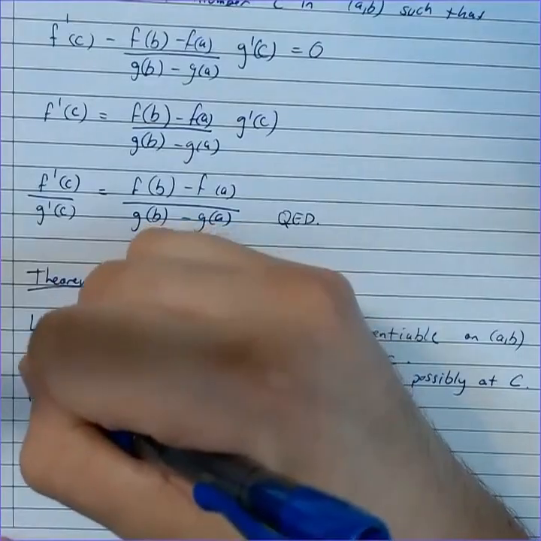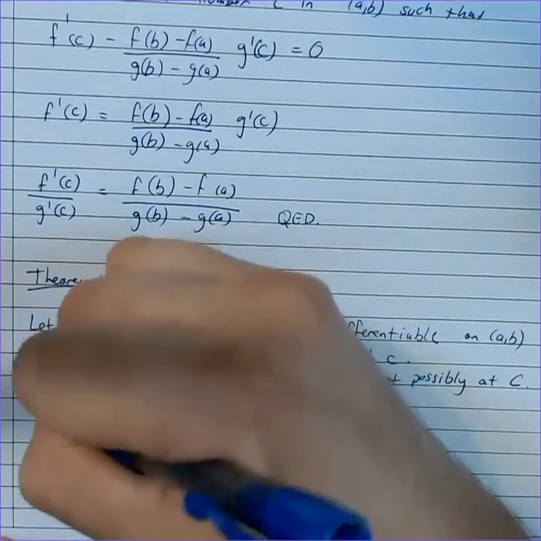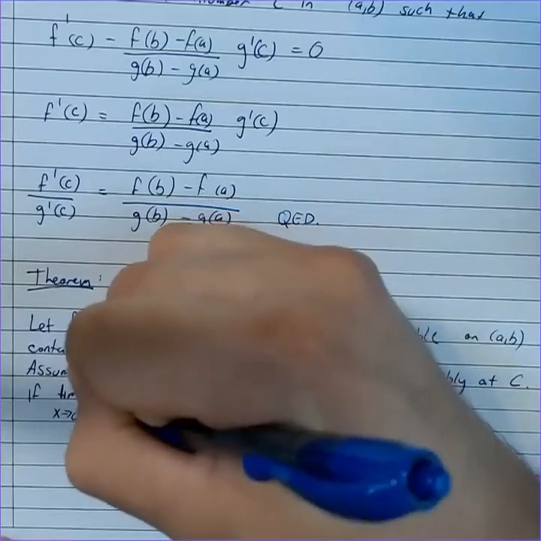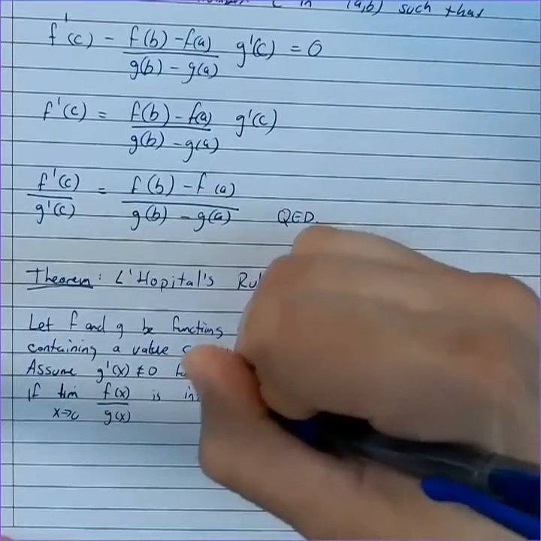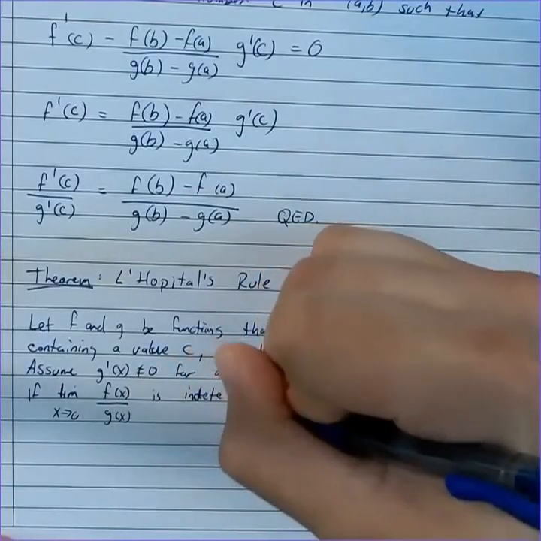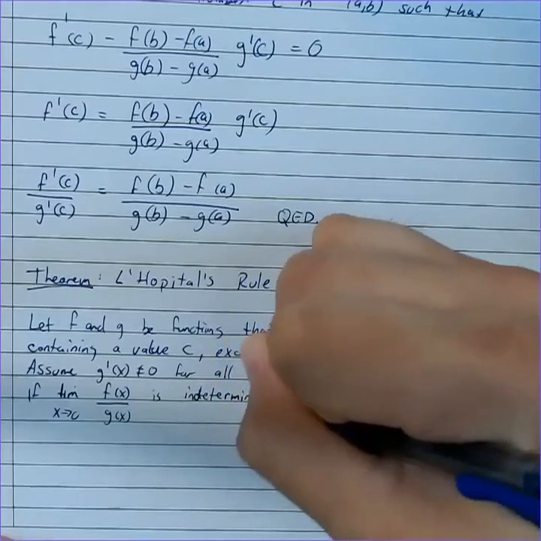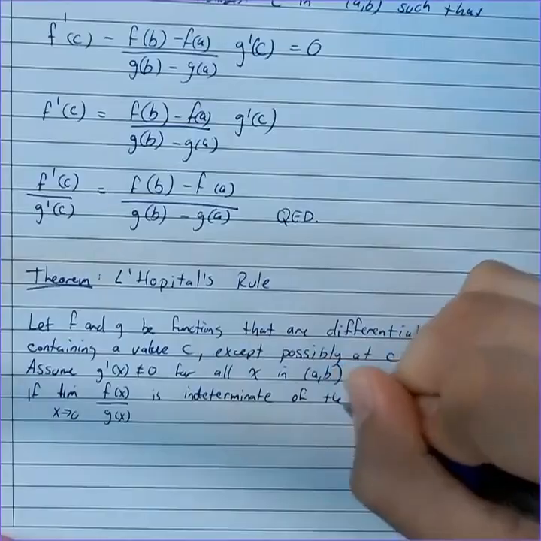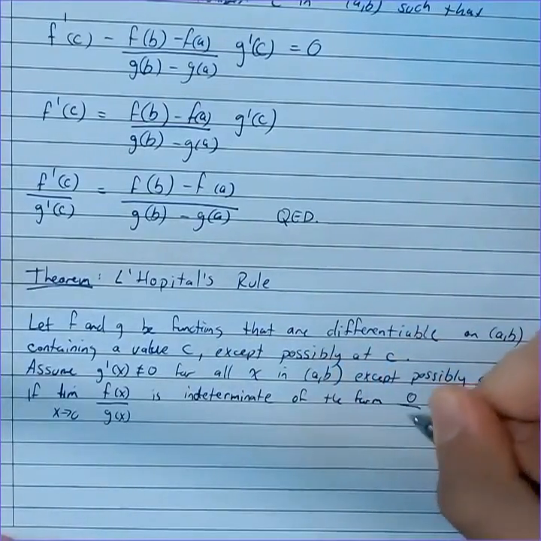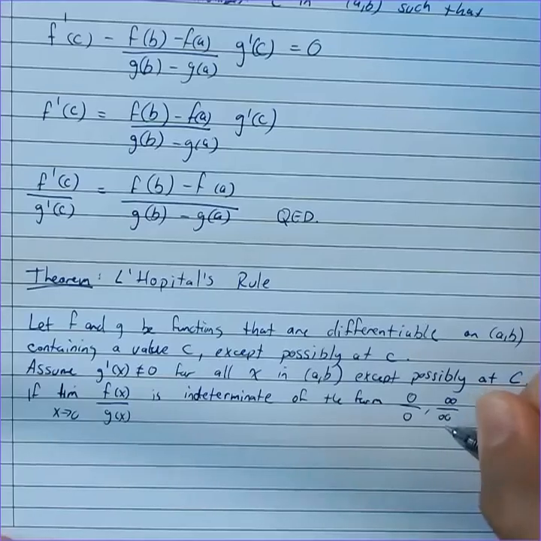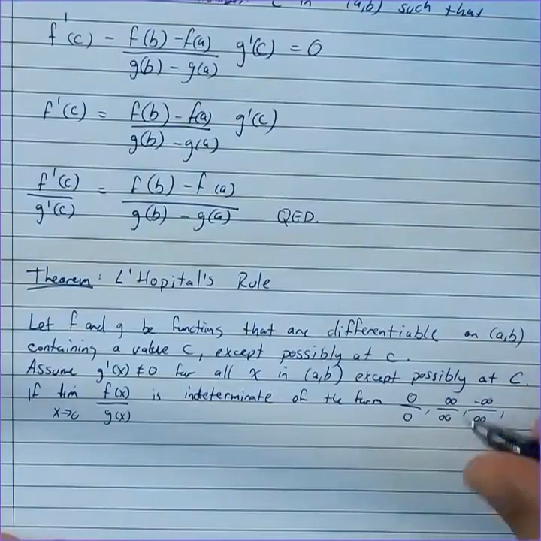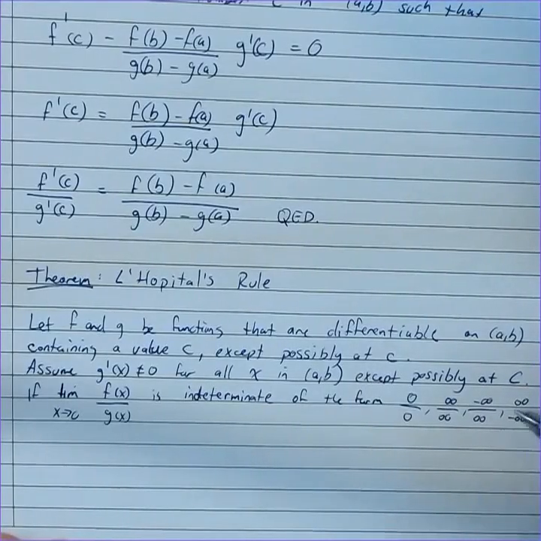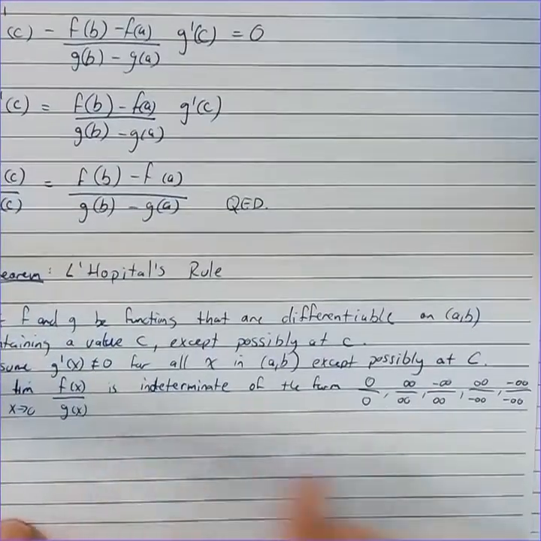If the limit as x approaches c of f of x over g of x is indeterminate, I don't know how to spell indeterminate, there we go, of the form 0 over 0, infinity over infinity, negative infinity over infinity, infinity over negative infinity, or negative infinity over negative infinity, any of those combinations.